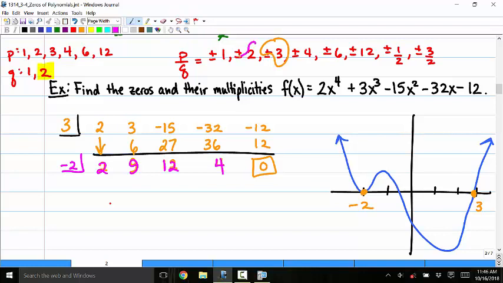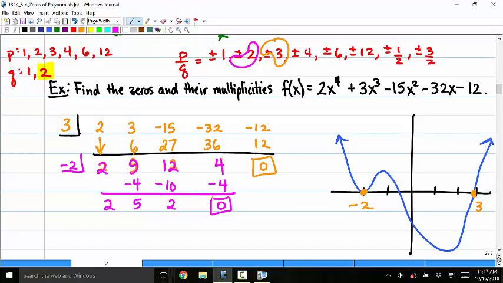So again, negative 2 is from my list. 2 times negative 2 is negative 4. 5 times negative 2 is negative 10, sorry. 2 times negative 2 is negative 4. Is it a 0? Yes.